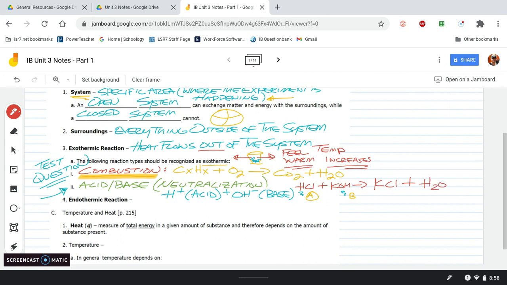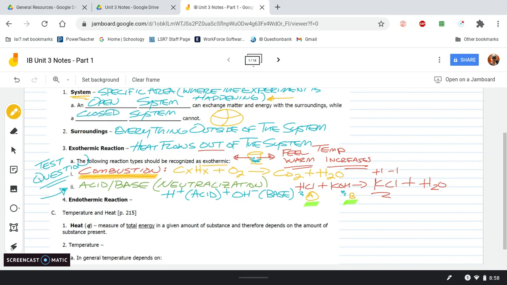And so crisscross these, +1, -1. There we go. There's your formula. The key thing is to identify the acid and the base, which then tells you, hey, I have what we call neutralization. So you've got to memorize these. Test question: if you see these, it's automatically exothermic, which means it gives off heat.